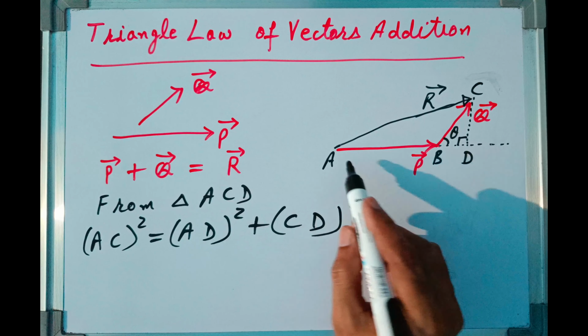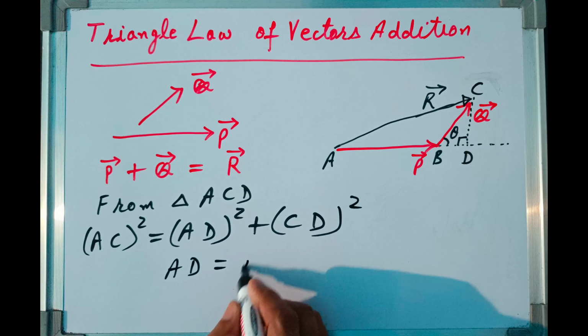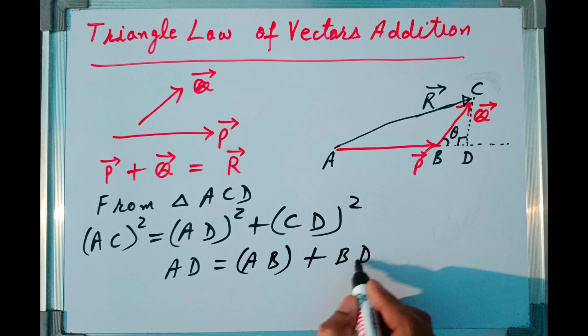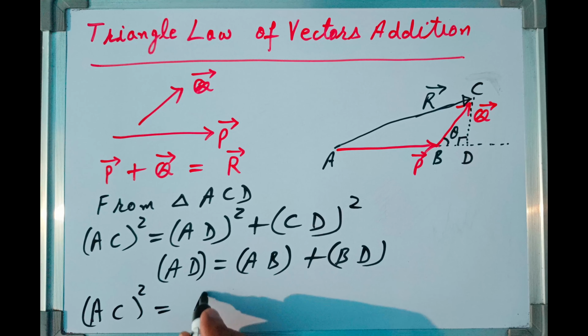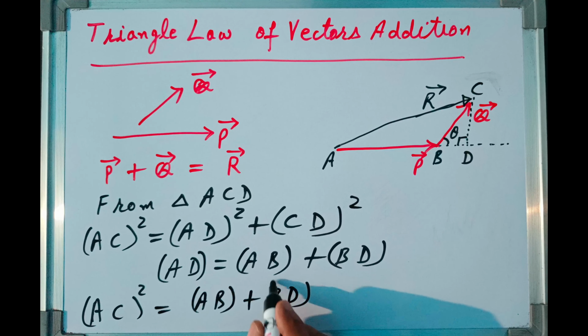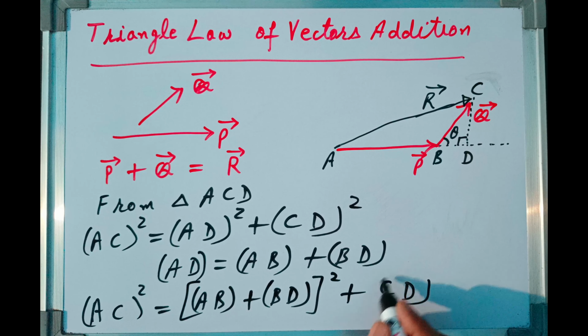Now we can replace AD by AB plus BD. By making this replacement, the previous equation can be written as AC square is equal to AB plus BD whole square plus CD square.